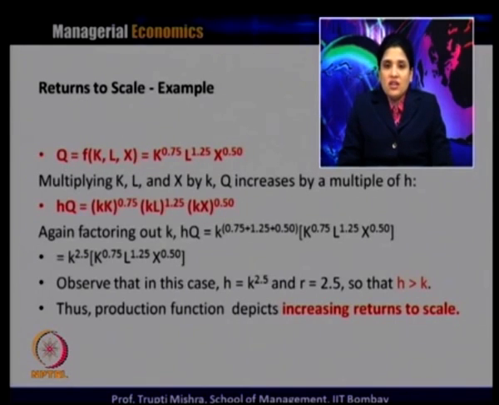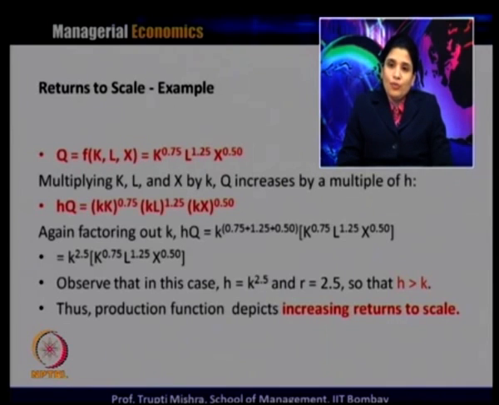In order to understand the scale relationship, we will multiply K, L and X by the amount small k, and Q increases by a multiple of h. So, when we change the input proportion by small k, that is small k K to the power 0.75, small k L to the power 1.25, small k X to the power 0.5.